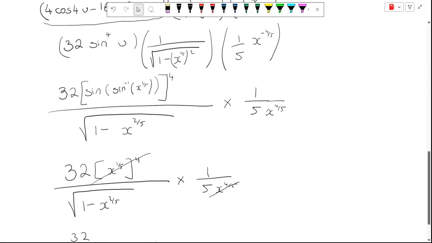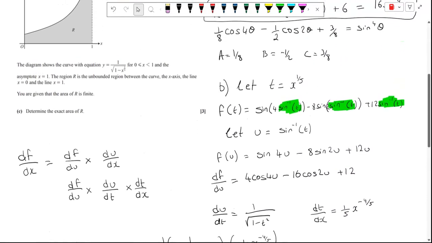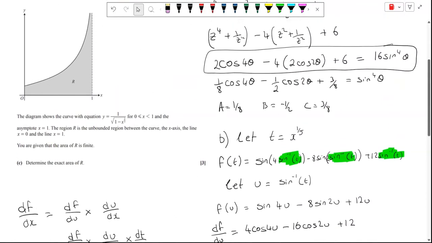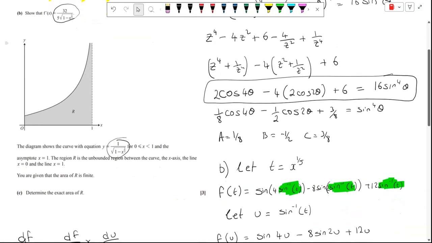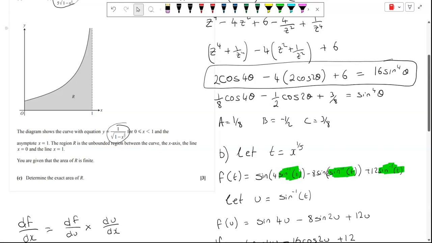So that's good. Now, the last part said, the diagram shows that curve. Notice that that is almost the same as the derivative earlier. The region is the unbounded region between that curve and the asymptote x equals 1. You are given that the area is finite, find the exact area.